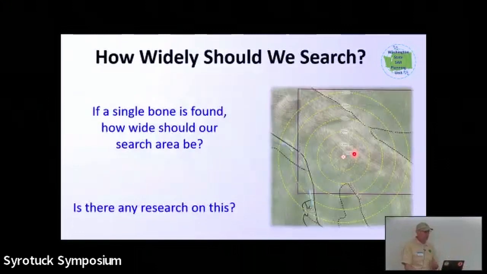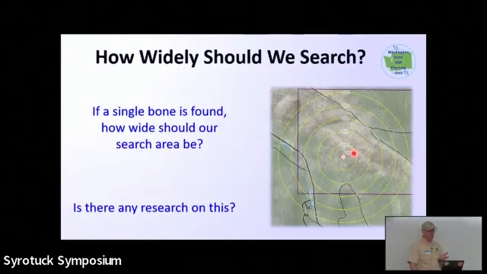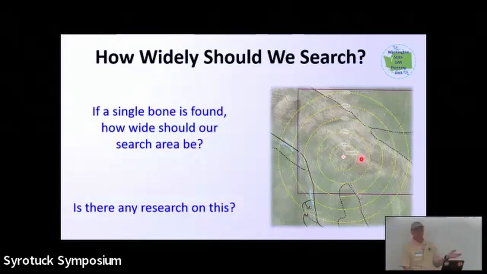Another really important question to us was, okay, we found a single bone, how widely do we need to search to be satisfied by our effort? And I'd be a really happy camper as a search planner if there were data that said, well, if there are coyotes involved, the bones will always be scattered within a 100-meter radius, okay?